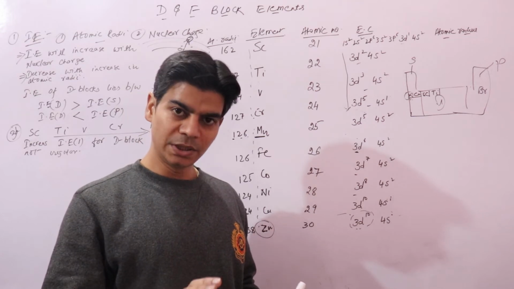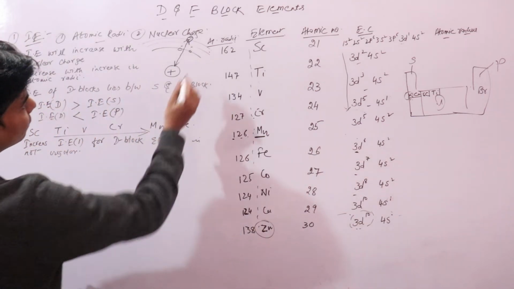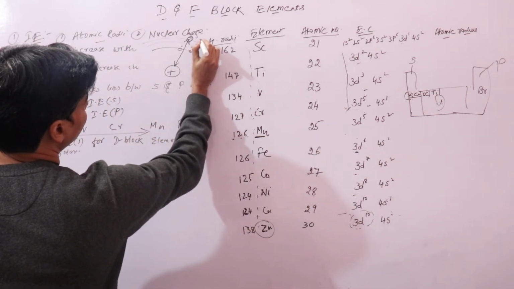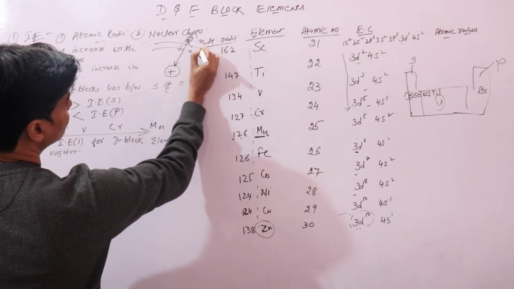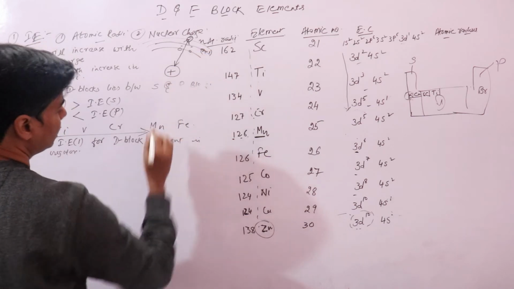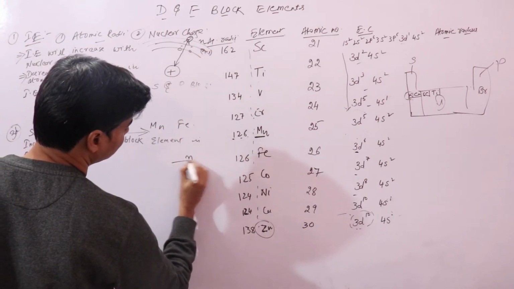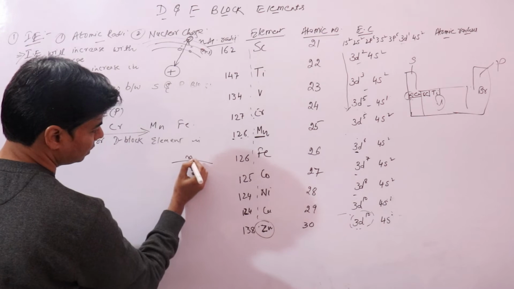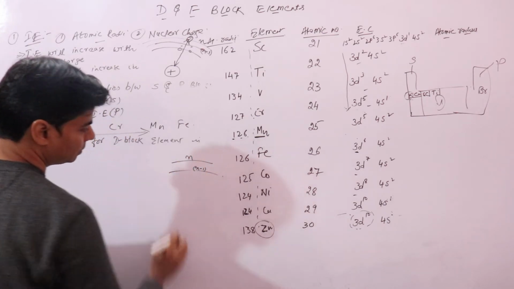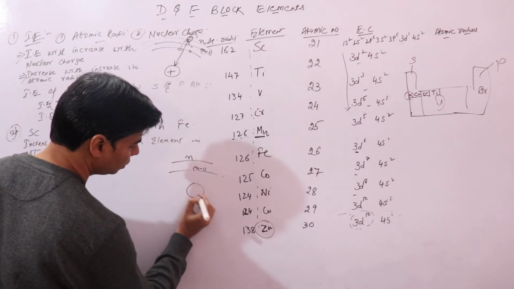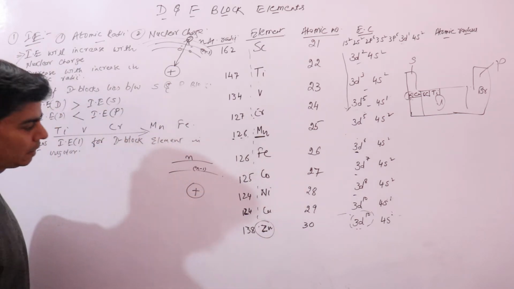So if this is your outermost shell, and this is your penultimate shell, n-1, that has d electrons, and this is your nucleus, positive charge.